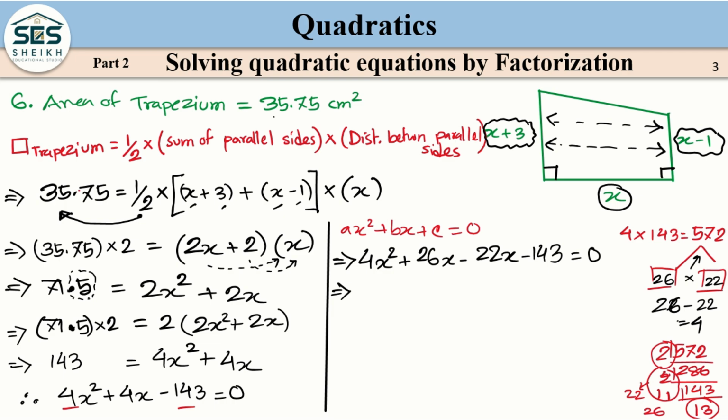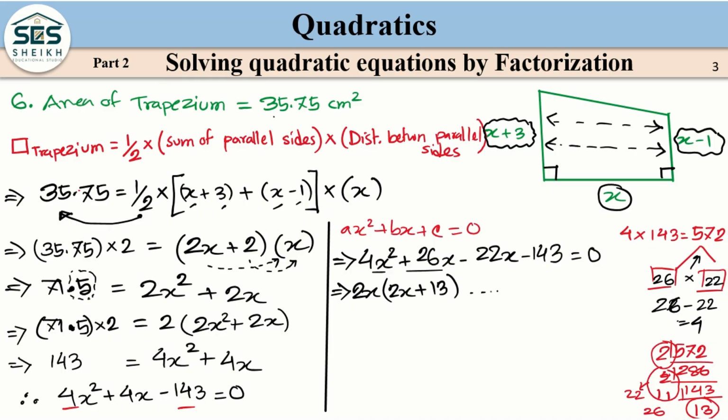So we can take two common from here. So if we take 2 common, we have 2x. We can take 2x common from this part, so we have 2x plus 13.